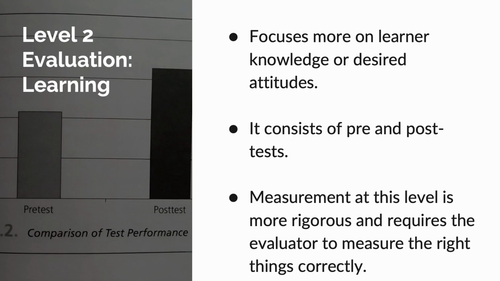In level 2, we're going to be looking at things a little bit more deeply. We want to establish if the users of the program are actually learning. Hence, level 2 evaluation is called the learning level. This one tends to focus a little bit more not on simple emotional responses, but proof and evidence of achievement of desired outcomes. One of the unique aspects of level 2 is that it should consist of a pre and post test.